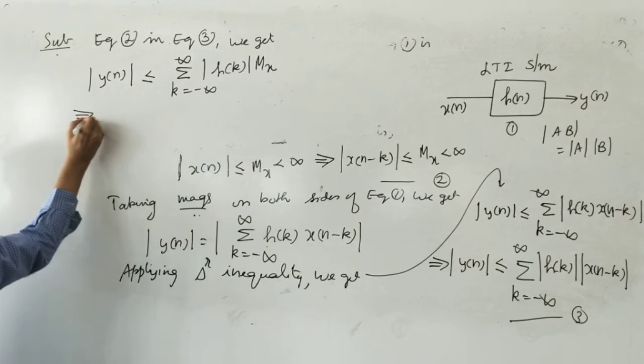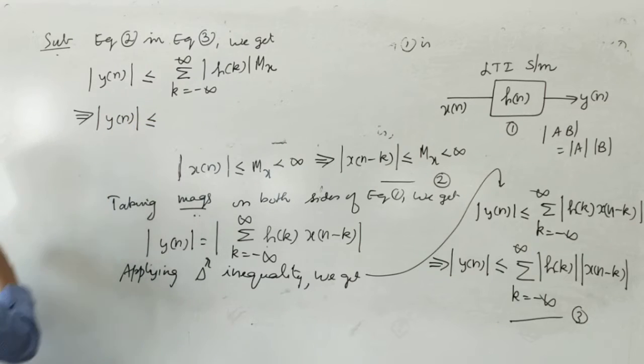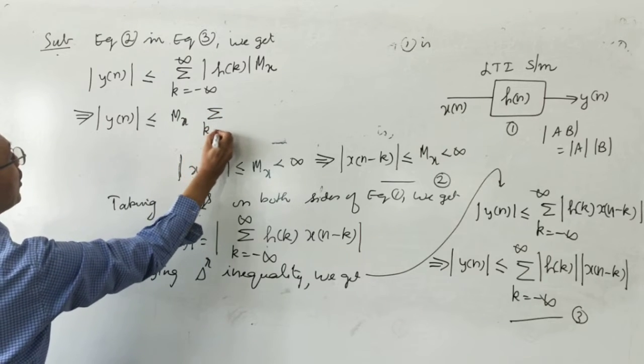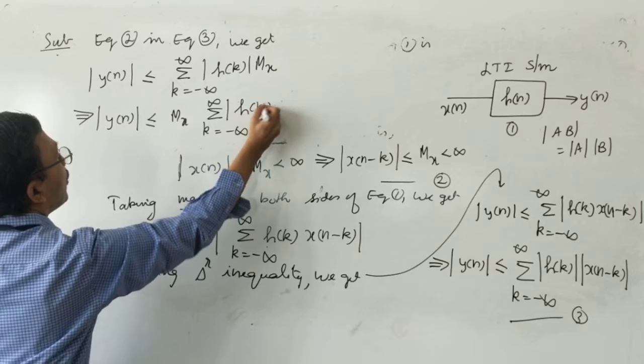This in turn implies magnitude of y of n less than or equal to Mx into summation k equals minus infinity to plus infinity modulus of h of k.